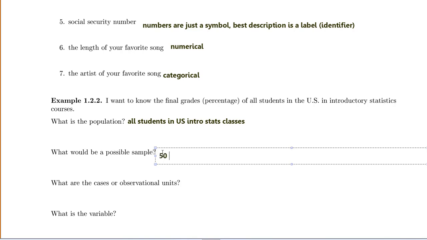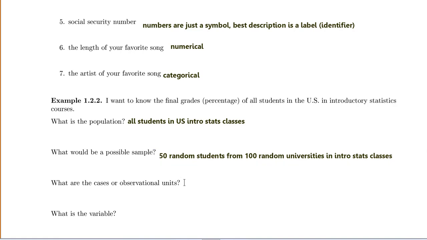So I'm going to say 50 random students from 100 random universities. That would actually still be quite a big sample. Oh wait, students in the random universities in intro stats classes. What would be the cases or observational units? That would be each individual student.